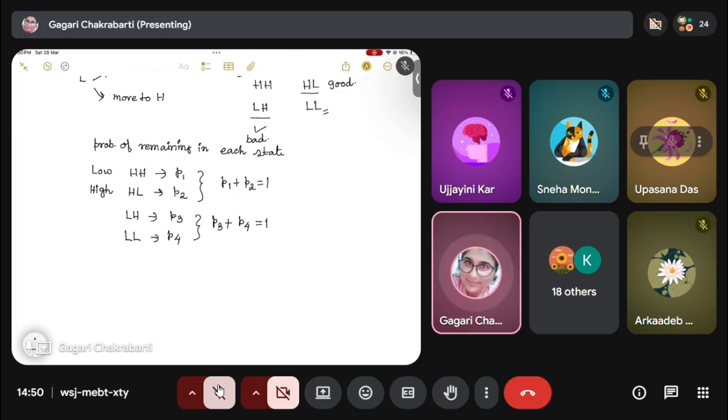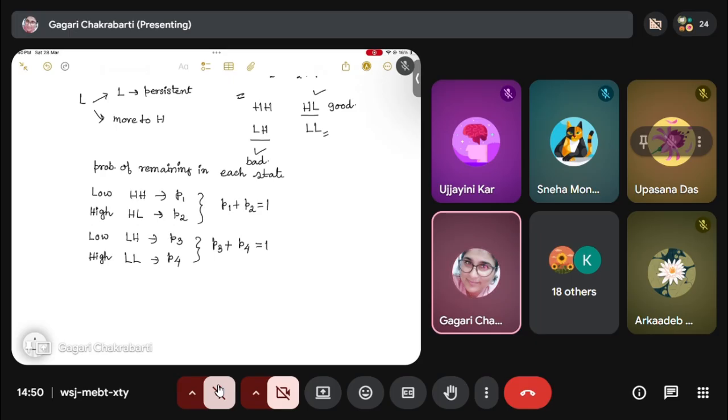Low to high should be low and low to low must be high. এবার তুমি এস্টিমেট করো ডিফারেন্ট অ্যাসেটের জন্য, করে তারপরে you just calculate these probabilities and then you take the decision. কেমন?